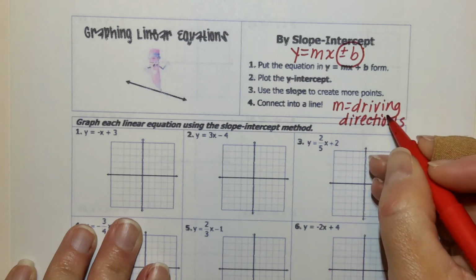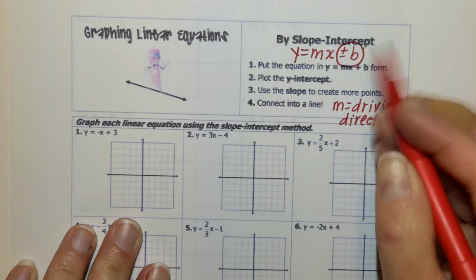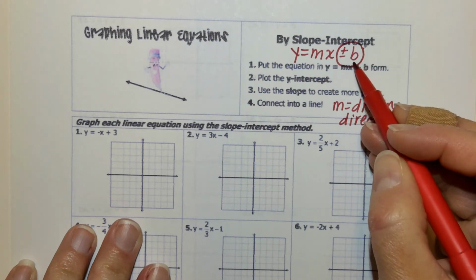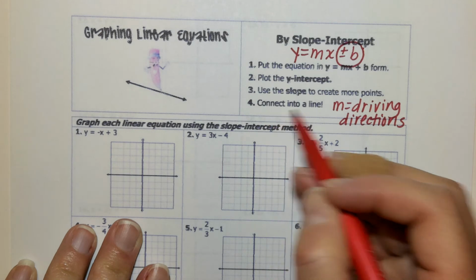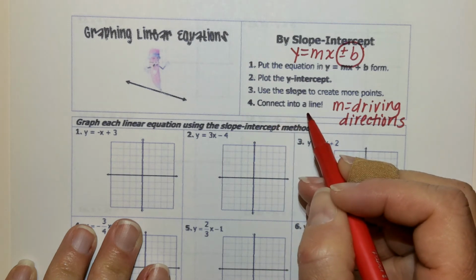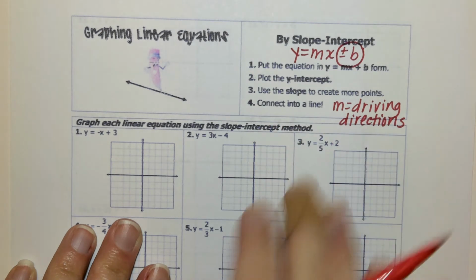It tells you how to get to your next point, up, down, right, left, from your starting point, which is your intercept. So then once you have like 3 or 4 points plotted, then you can connect the line.